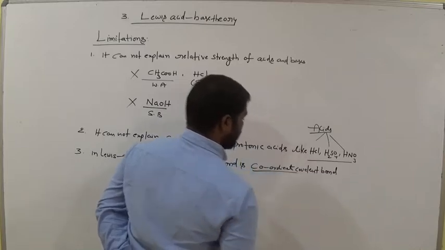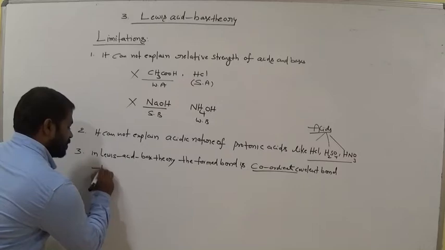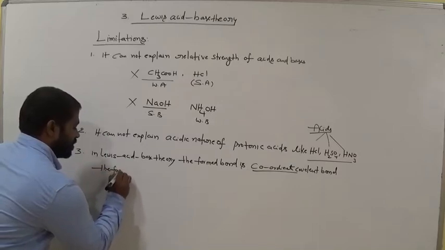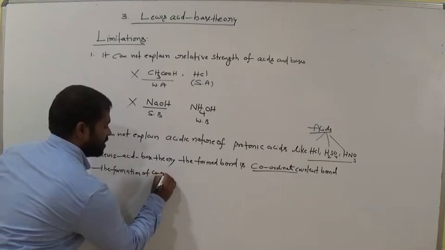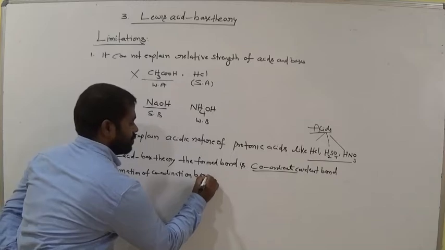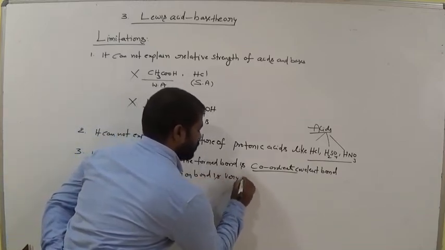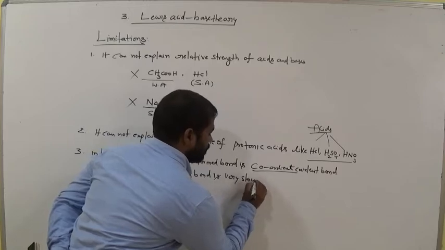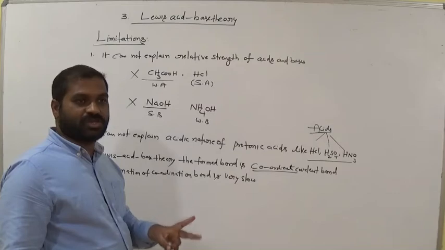Simply we call it a coordinate bond. So the formation of a coordination bond is very slow. Very slow. Actually, formation of a coordination bond is very slow.